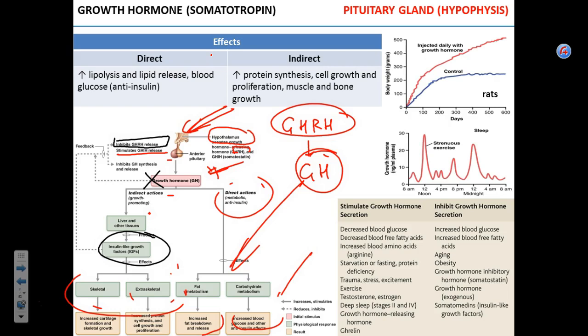Now, let's take a little mental experiment. Imagine that you have a patient and you inject the patient with growth hormone. Then in a time progression, you inject growth hormone and you start measuring insulin-like growth factors. What you're going to see?